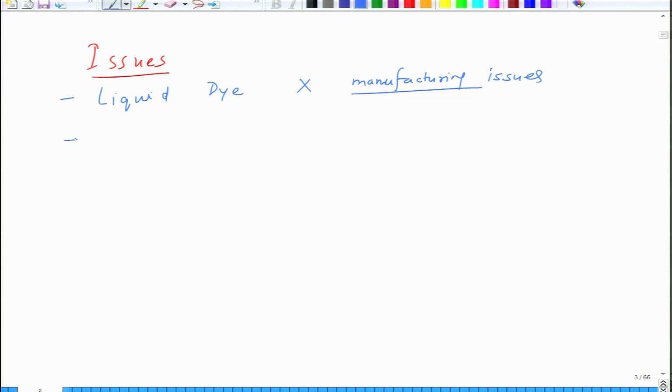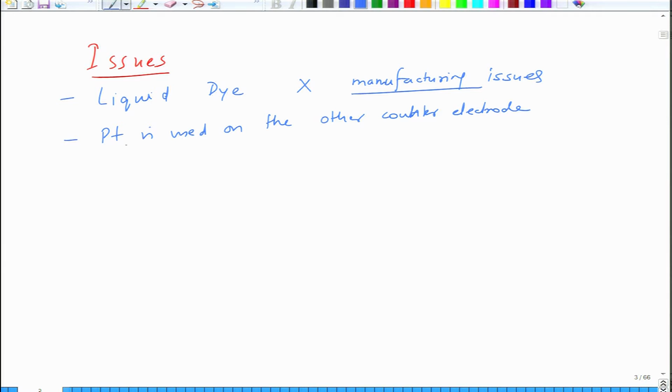And then on the counter electrode on the other side, towards the dye, platinum is used to improve the dye regeneration and redox reaction efficiency.